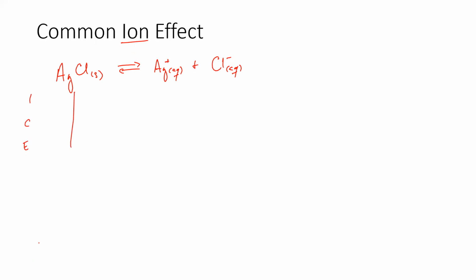So we don't care about solids, and I start with no silver. But let's say that we want to know the solubility of AgCl in a solution that's 0.03 molar sodium chloride.